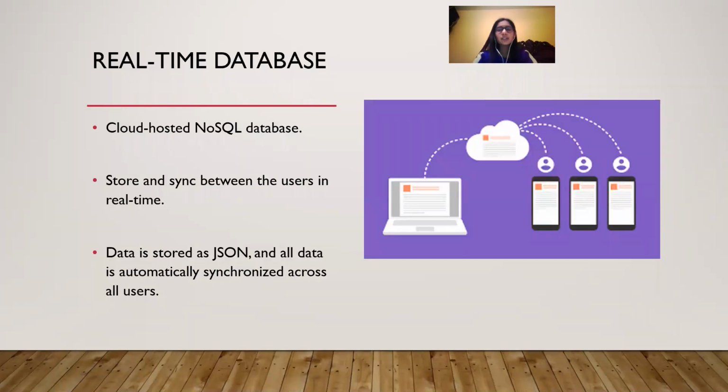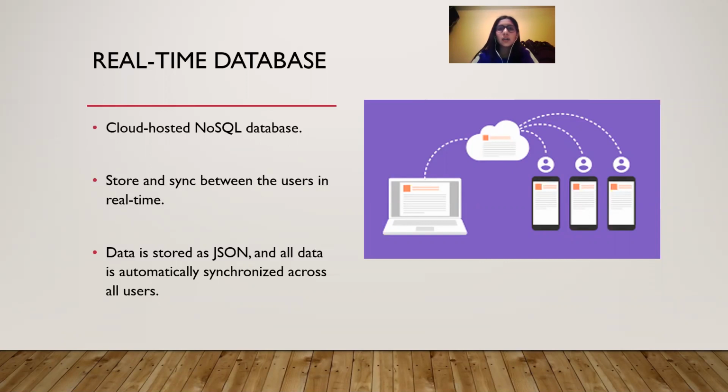Now, the very first service I'm going to talk about is the real-time database. It is a cloud-hosted NoSQL database, and I used this database in my Hangman game. I started with this database and then I switched to Firestore, which I'll be talking about later. We can use it to store and sync data between users in real time.